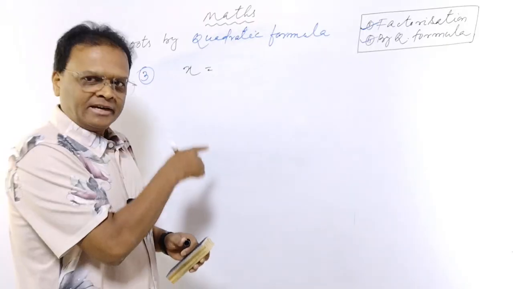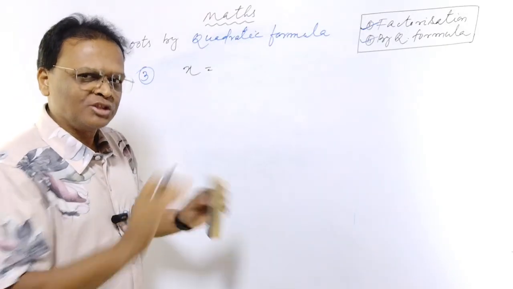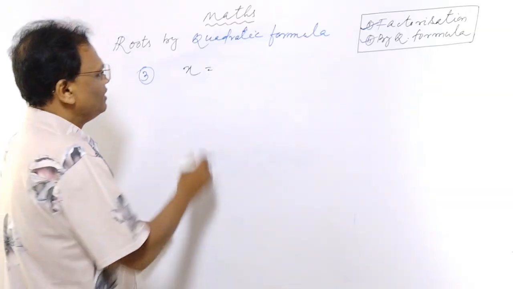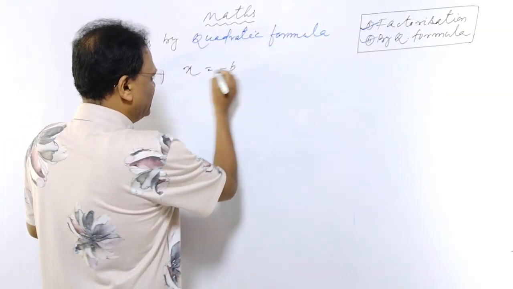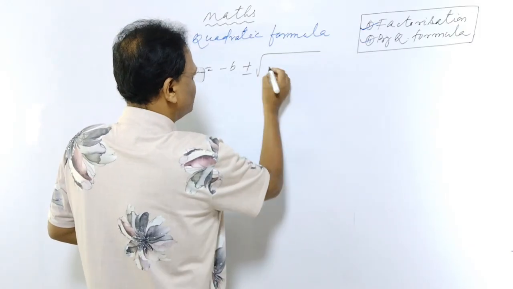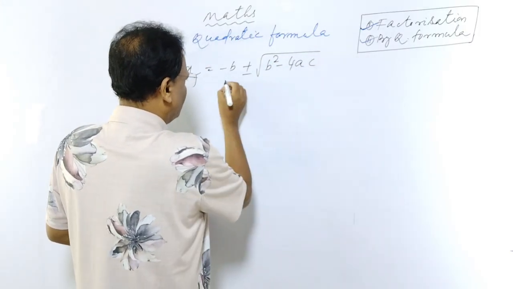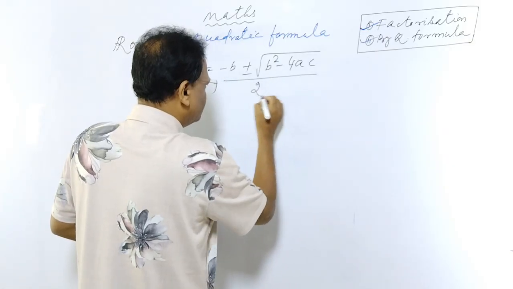X is nothing but zeros, x is nothing but roots. The roots are minus b plus or minus the square root of b square minus 4ac, divided by 2a.